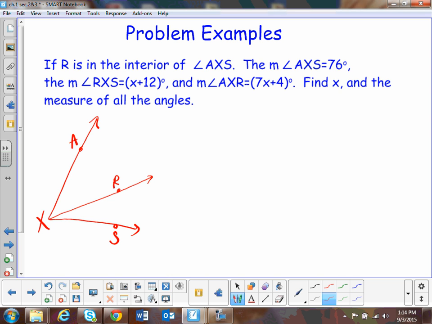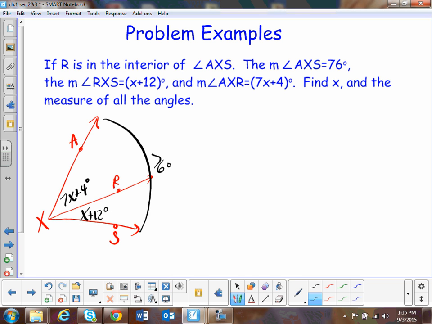We have two angles that add up to a line. Angle AXS is 76 degrees, so the whole thing is 76 degrees. RXS is x plus 12 degrees. And then AXR is 7x plus 4 degrees.